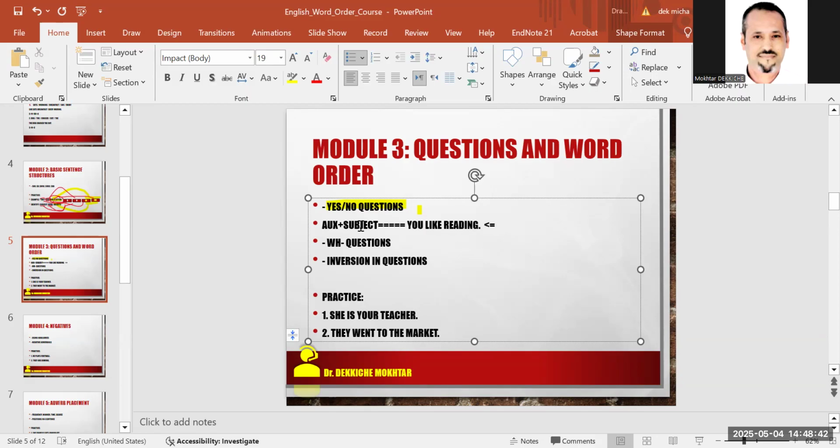We start with the auxiliary verb, and the auxiliary verb here is "do." And we write the sentence: "Do you like reading?" And we add the question mark.